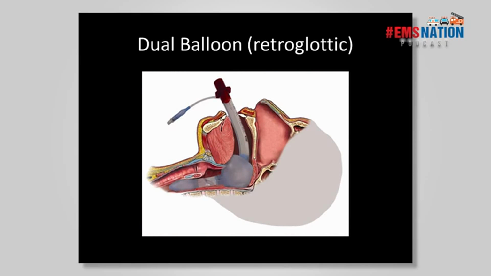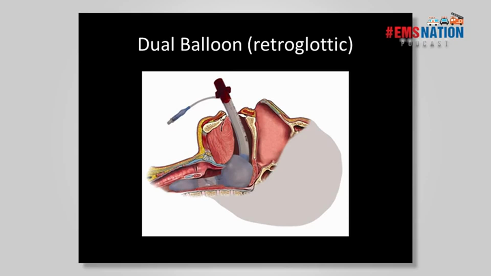So as you can see, those are the dual balloons. This is the KLT device that almost all of us, I would assume, have at the very least touched, but probably put into patients. These exist retro.